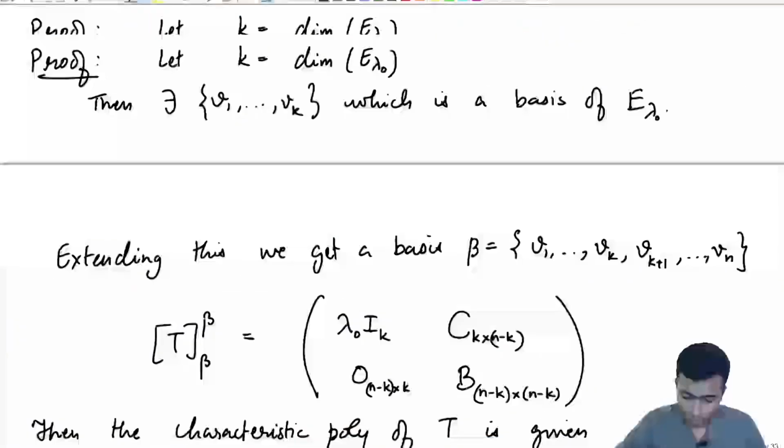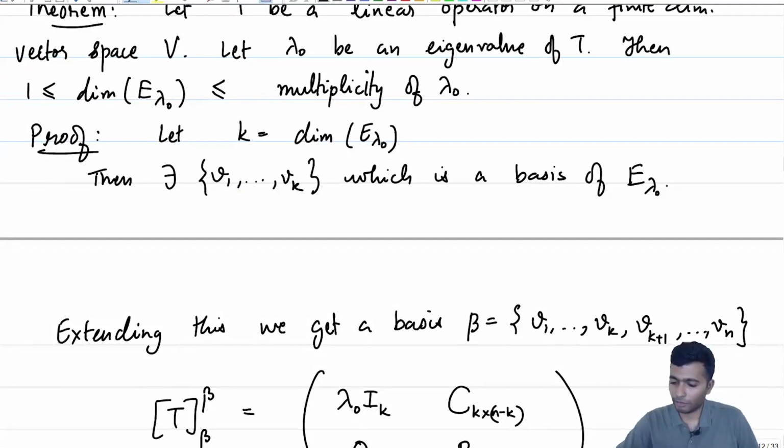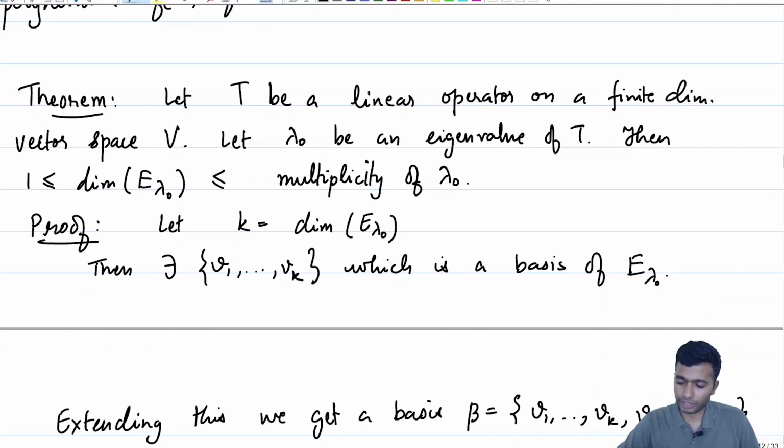So, let me just show you the theorem we have just proved. We have just shown that if you start off with a linear operator and let lambda naught be an eigenvalue of the given linear operator T, then the multiplicity of the eigenvalue always bounds the dimension of the eigenspace. So, in the previous example we saw that when the dimension was equal to the multiplicity, our linear operator was diagonalizable.